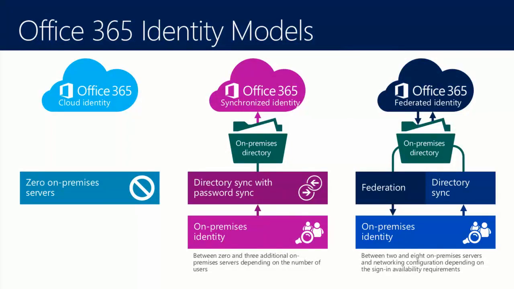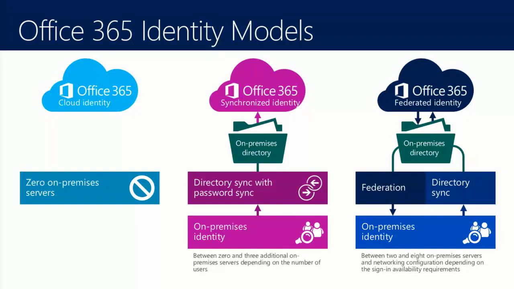The third option is where you synchronize all your users into the cloud from on-premises. So your user directory is all there, but when they sign in, you actually have that password verified and have them put in their username and password to systems that are managed on-premises and operating on-premises.